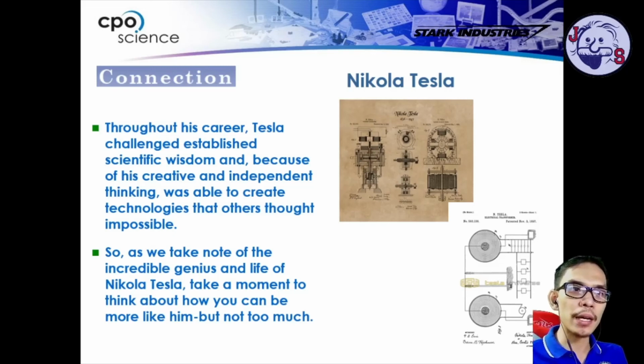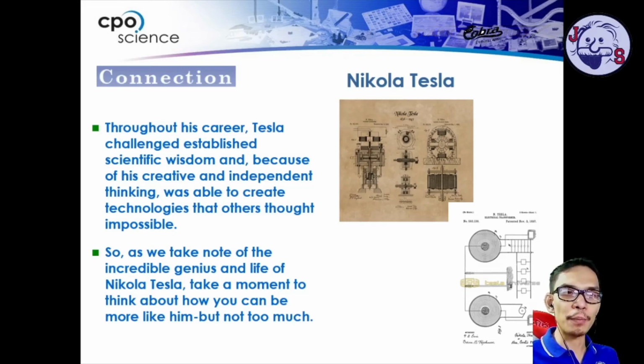Nikola Tesla is a Serbian-born engineer, and one trivia about Tesla is that he was born during a thunderstorm. His mother said that this child will be a child of light, and it does.